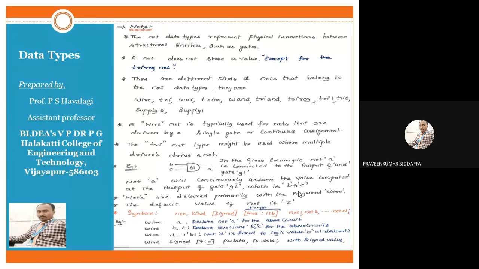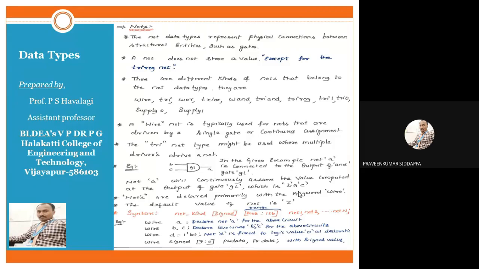Also, a net does not store a value. Remember it: the net data type does not store any values. The data is only transferred from one gate to another gate, not stored in the net.